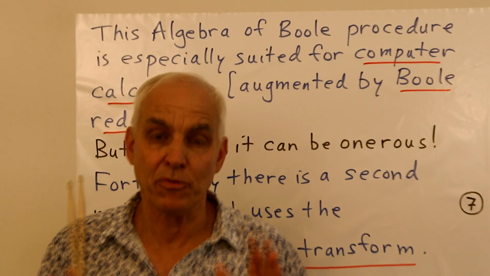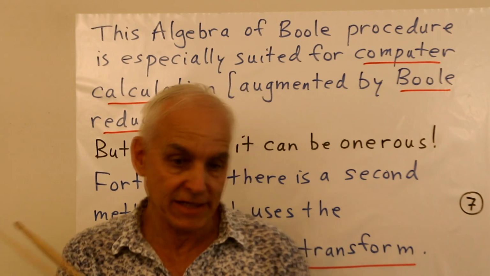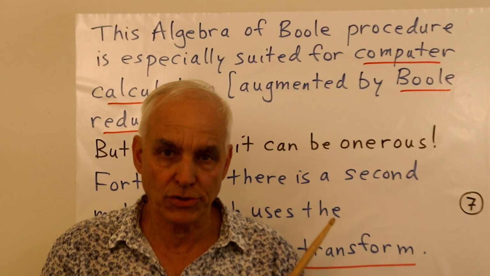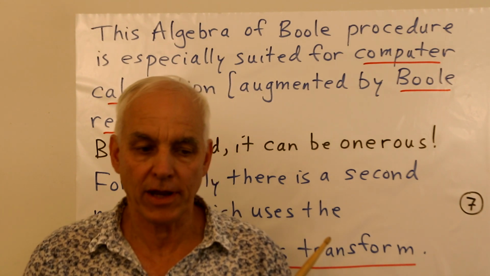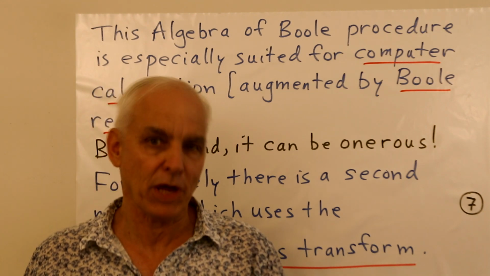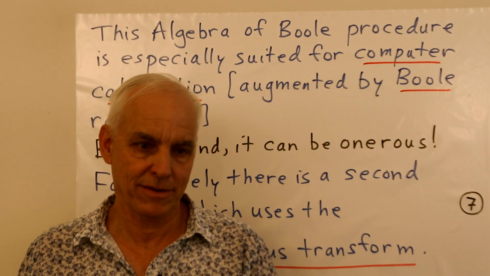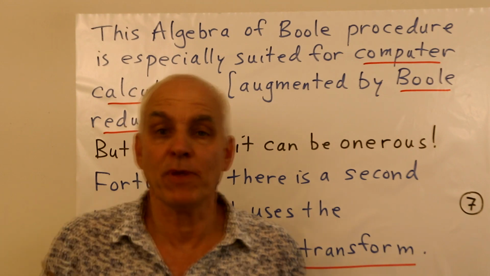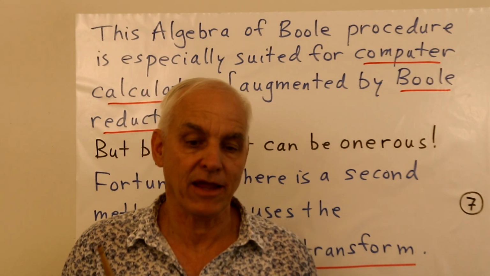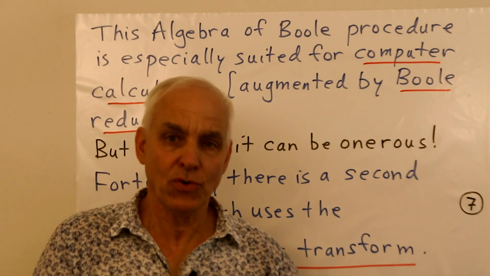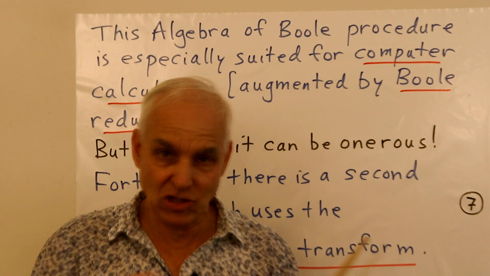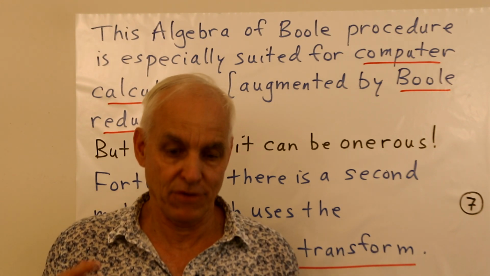Now, this algebra of Boole procedure for mechanizing logical reasoning is especially suitable for computers. So computers, computer algebra systems, are super good and efficient at working with polynomial arithmetic. It's one of the actually great achievements of the computer science community in the last few decades, to develop all these tools to allow our computers to do this fundamental algebra very quickly. It's really great.